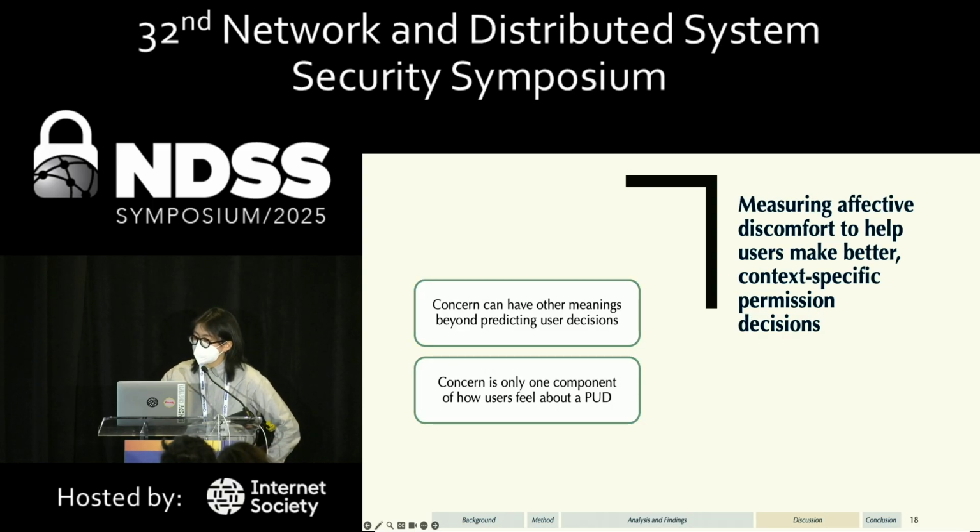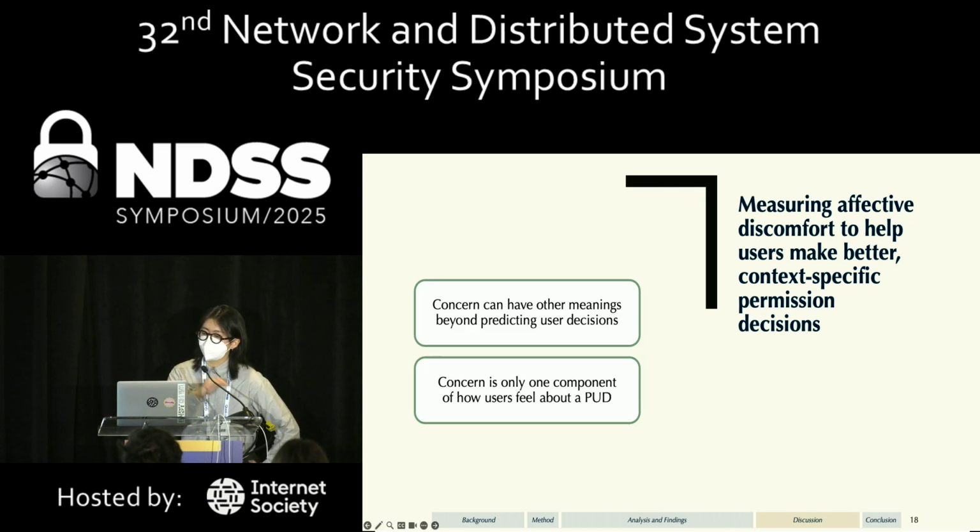And then future work should explore additional interpretations and measurements of affective discomfort. So for example, concern can have other interpretations beyond predicting what a user is going to do with a permission. A lot of participants, for example, indicated that they were curious about a PUD, even though they were also simultaneously concerned about it. So dynamic predictive approaches could inform users of when and why changes to permissions are being made in association with changes in context.